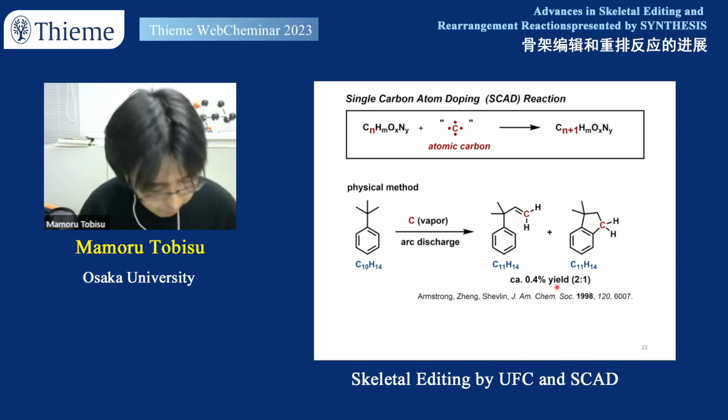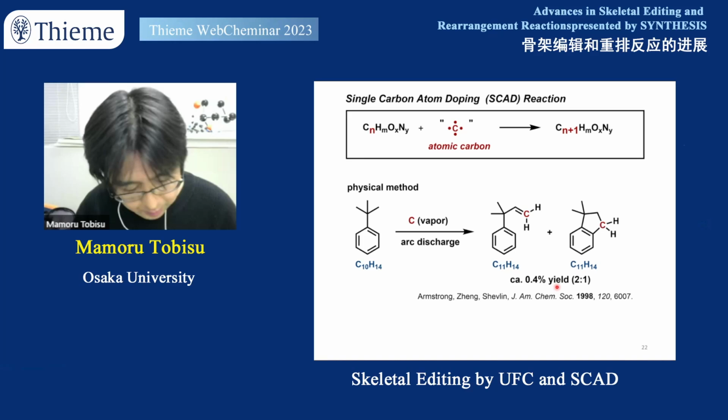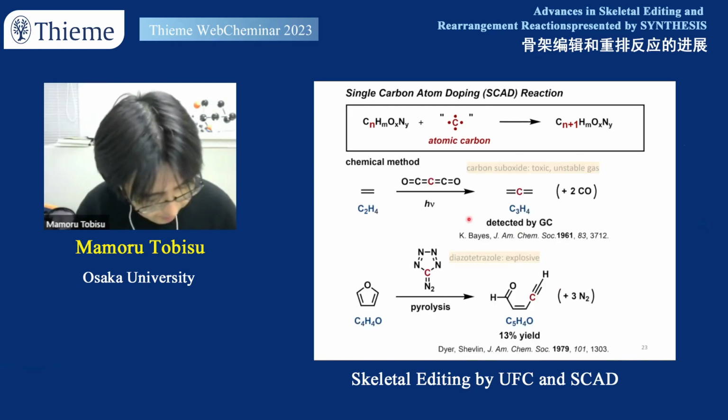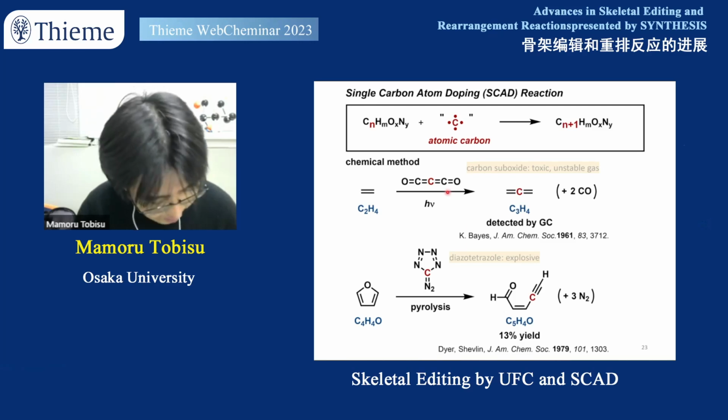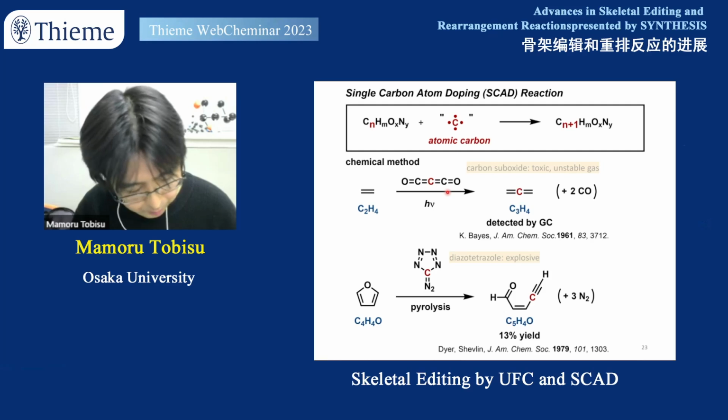And several compounds that can serve as an atomic carbon precursor were also reported. So for example, this compound is called carbon suboxide and is known to generate an atomic carbon by photoirradiation via elimination of carbon monoxide.